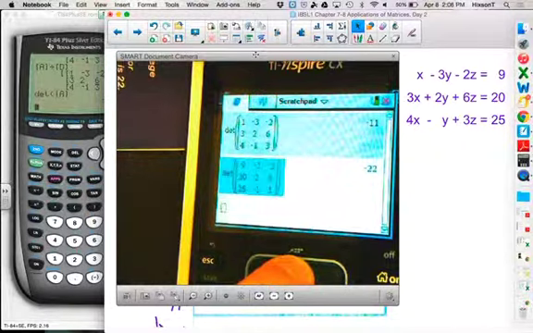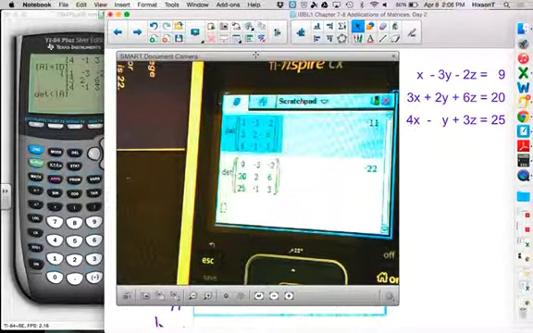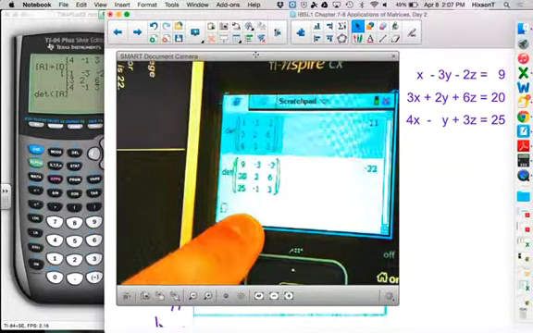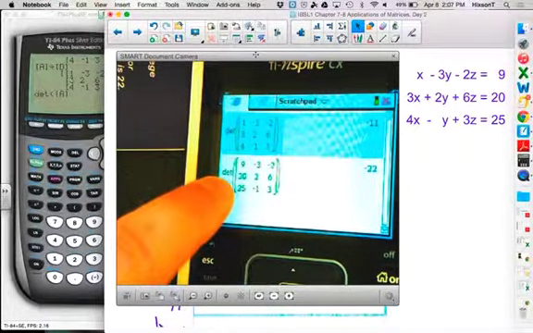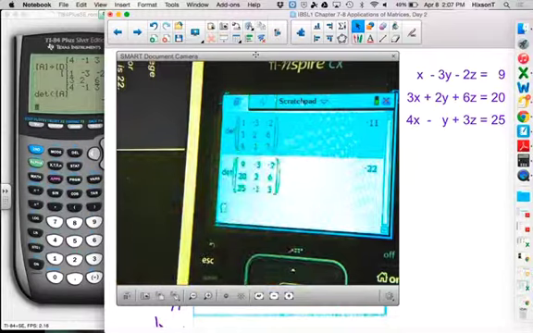So now to do D sub y, one thing, those of you with the Nspires, make sure when you go to copy, you copy the original one, not the D sub x, because it's real easy to forget to put the original x column back in. How do you copy that? Just hit the up arrow until it's highlighted, and then hit enter.